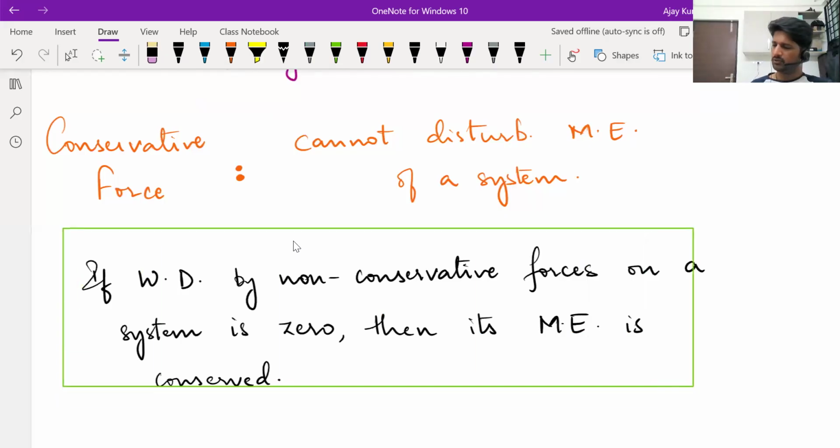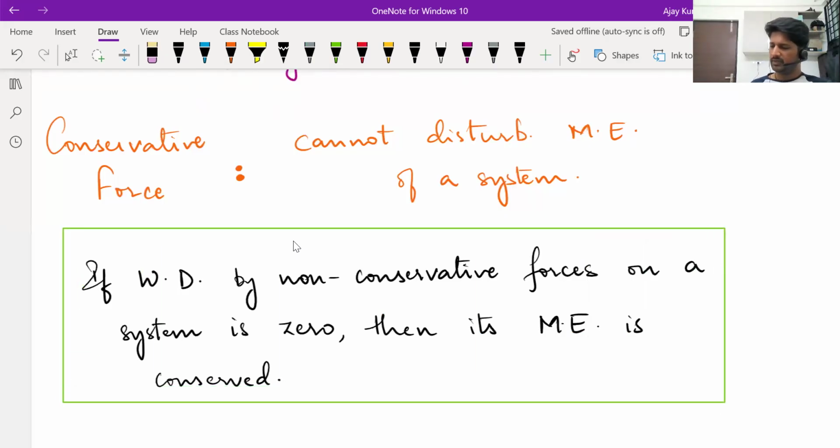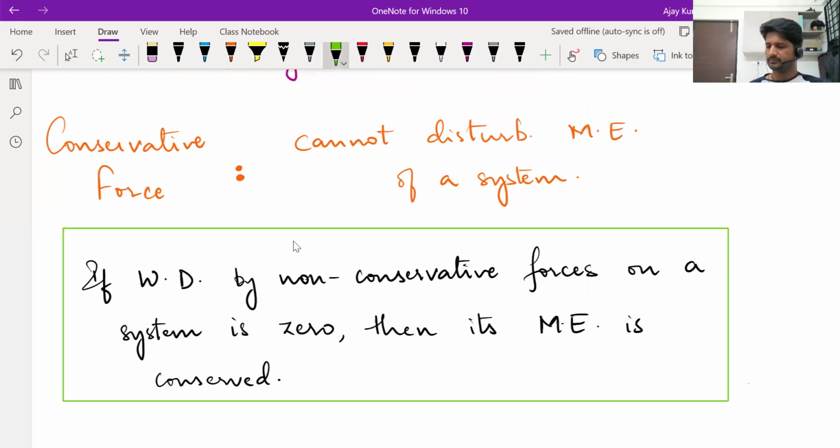Okay, so one of you quickly tell me what is meant by the mechanical energy of a system. The potential energy plus the kinetic energy. The sum of potential and kinetic energy put together is called the mechanical energy of the system.